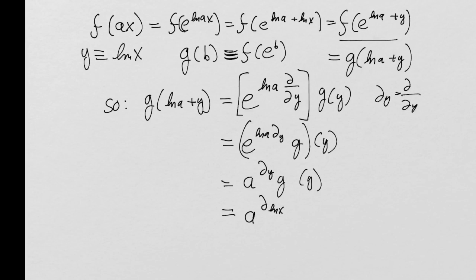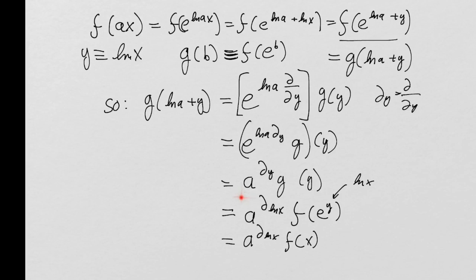Obviously the chain rule is going to be involved there because we're taking the derivative with respect to a variable that is in itself a function of another variable. g of y is actually f of e to the y, right? But y is ln x, right? So this equals a to the partial ln x times f of e to the ln x. So that's really f of x.